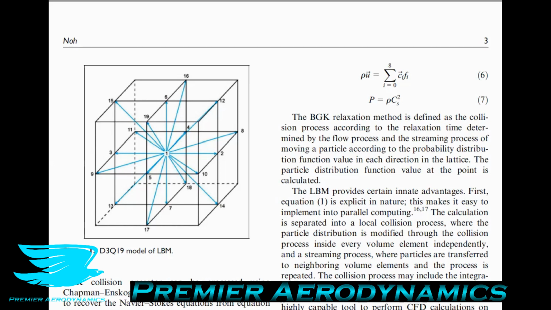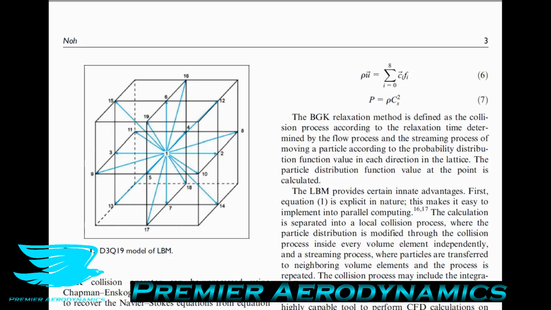Now you can have a bunch of different models. You can have D3Q27, or for example D2Q9, which is only for 2 dimensions. The benefits of these different models are increased accuracy and stability depending on your simulation.